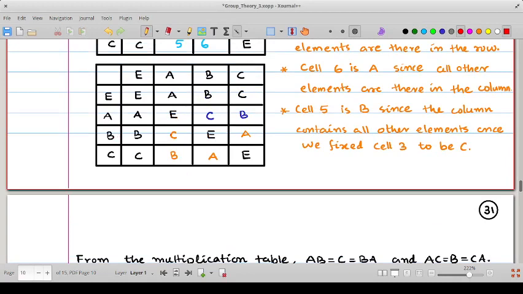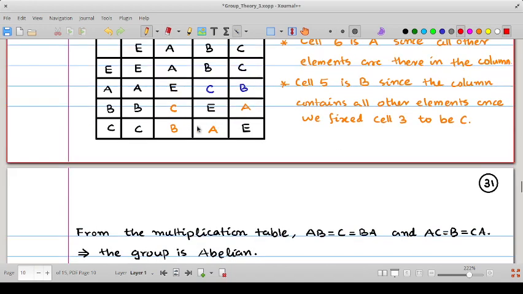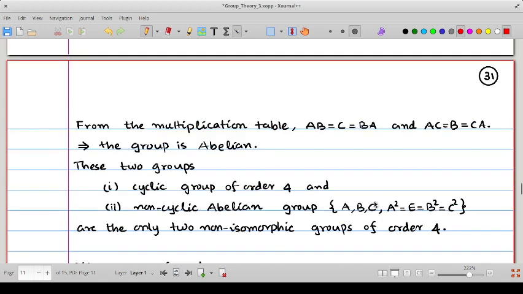B times A is equal to C, and A times B is also equal to C. So that means AB is equal to BA, and for each pair of elements you could see that G1 times G2 is equal to G2 times G1, simply by looking at this multiplication table, and therefore the group is abelian. So the second group that we constructed over here is in fact an abelian group, but it is not a cyclic group.